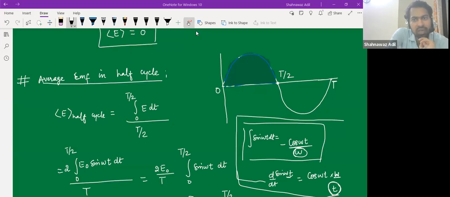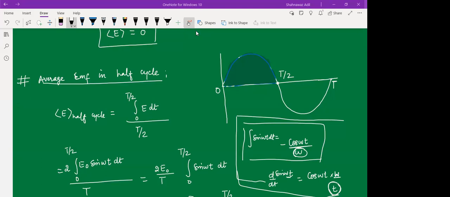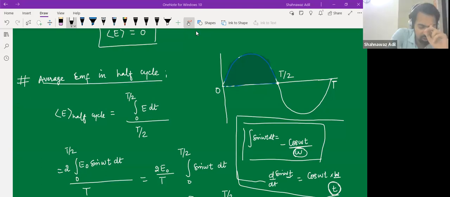So which one of you guys has mathematics in your 12th? Yes, Aisha and Saad. You guys have mathematics in 12th. No, sir. Okay, then you have not studied this integration. So if you guys feel any doubt in the integration part, please ask. Right?